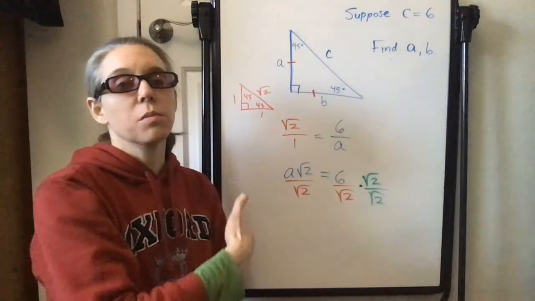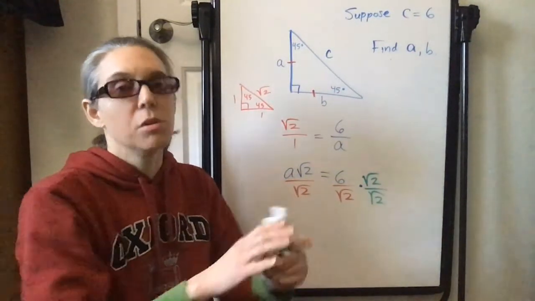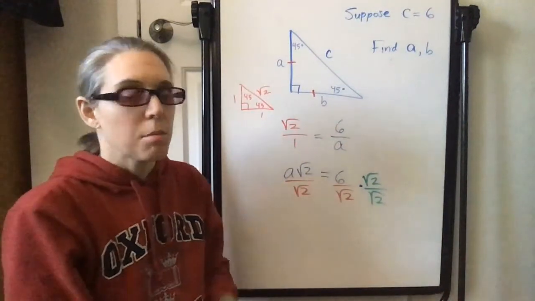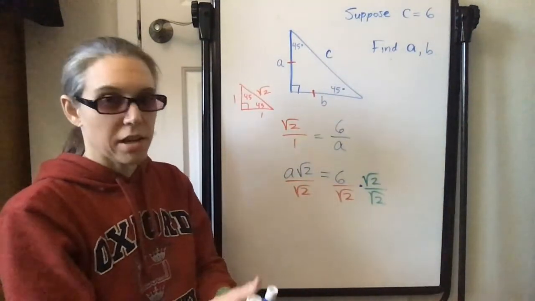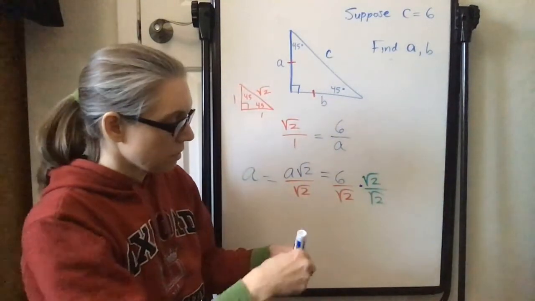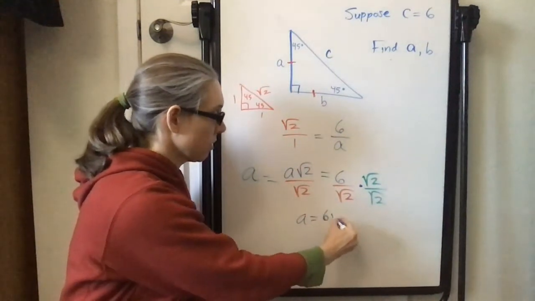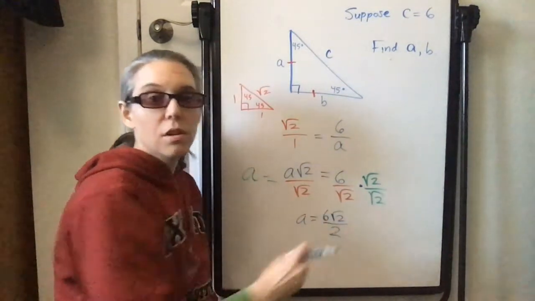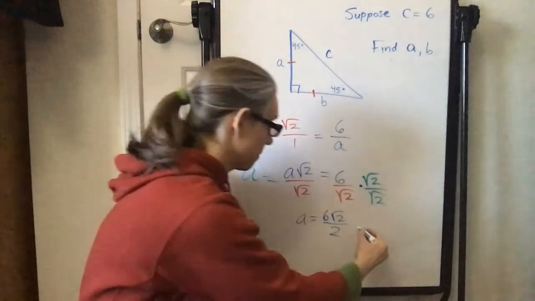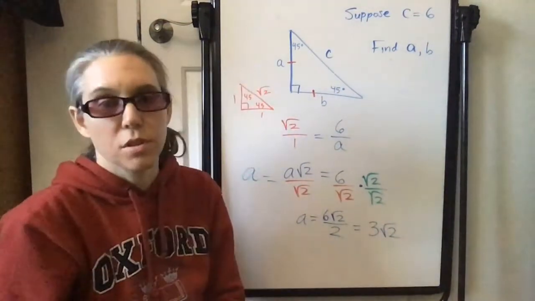If you're only multiplying on one side, you have to multiply by a form of 1. If you multiply to both sides, that's different. But here we already have A by itself, right? So then we end up with A is equal to 6 square root of 2 over 2, which further simplifies into 3 square root of 2.